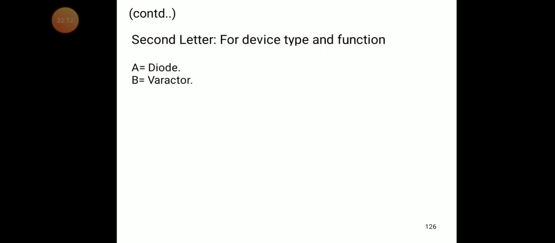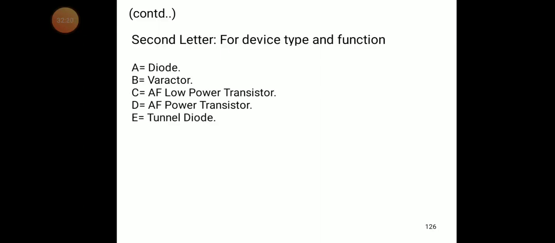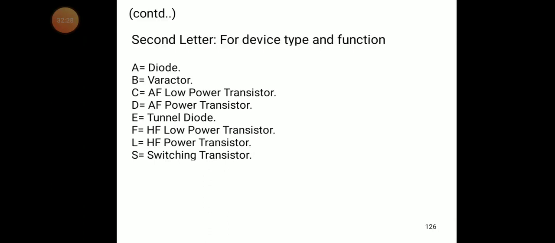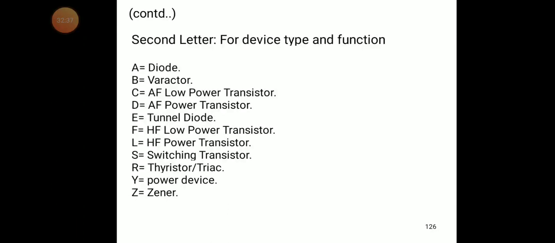A is the diode, B is the varactor, C for AF low power transistor, D for AF power transistor, E for tunnel diode, F for high frequency low power transistor, L for power transistor, S for switching transistor, R for thyristor, Y for power device, Z for Zener diode.